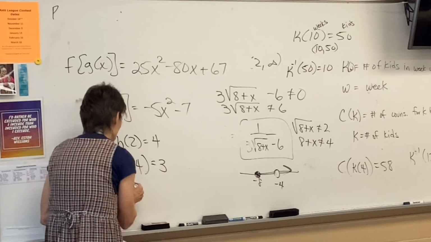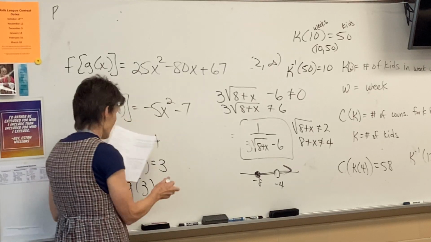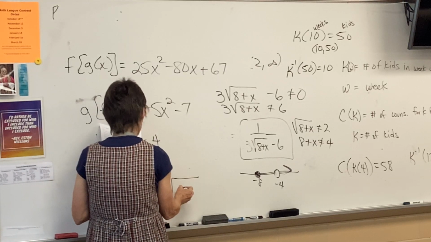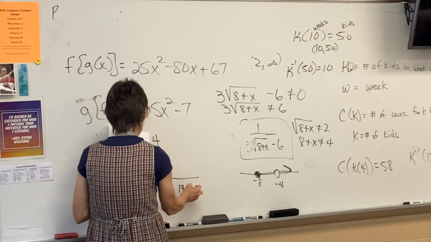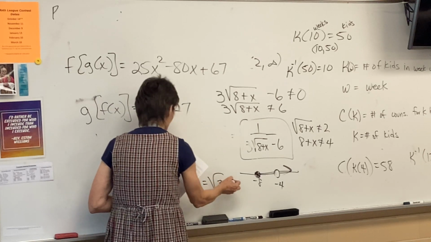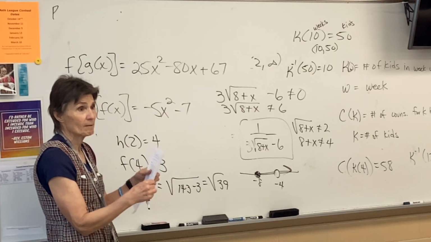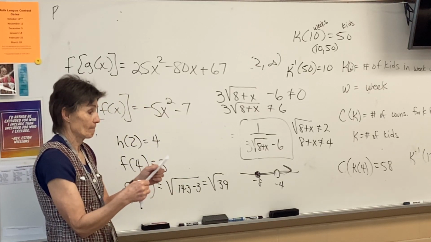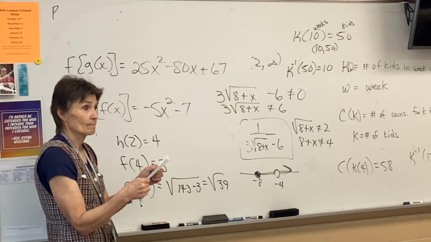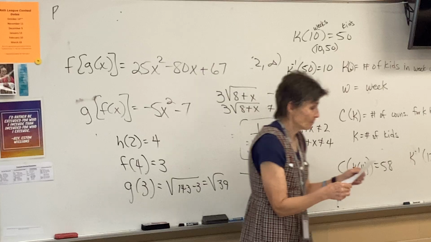And then I need G of 3, and that is my equation. So that's going to be the square root of 14 times 3 minus 3, which I think is root 39. So those of you that got something else, did you find your mistake? Okay, all right. Let's turn it over.